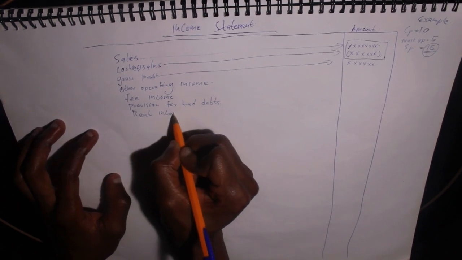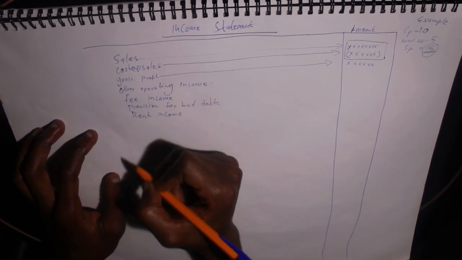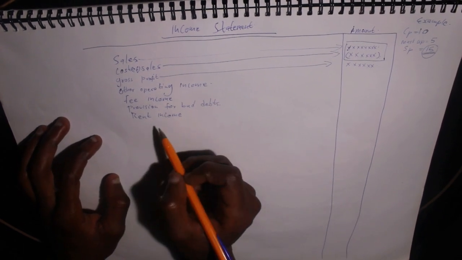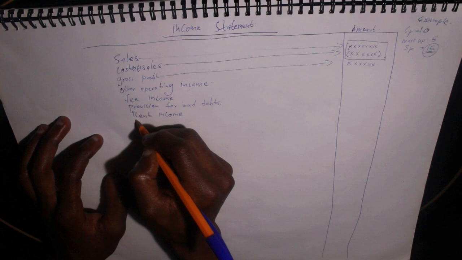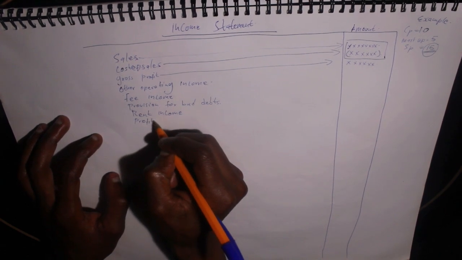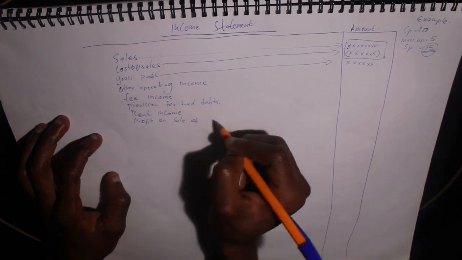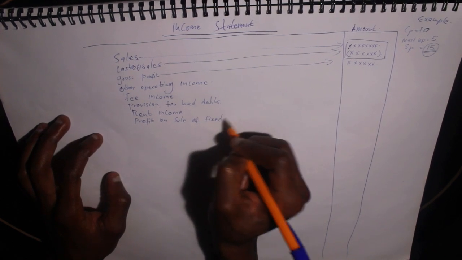And another example of your income would be profit on sale of fixed assets.